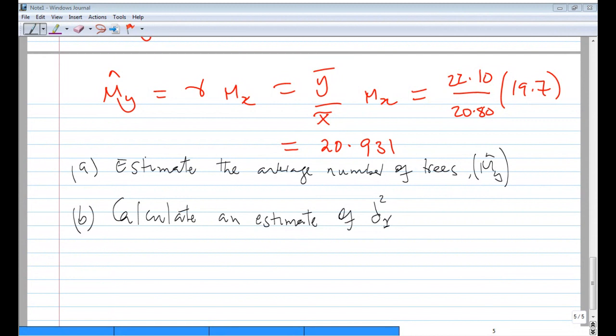Sir, to estimate the population mean, what if I use the sums instead of the means? I'm talking about the summation of yi from i equals 1 to n, divided by n.